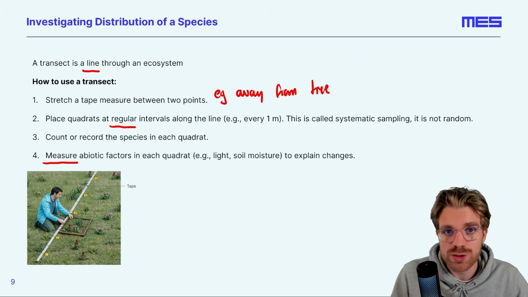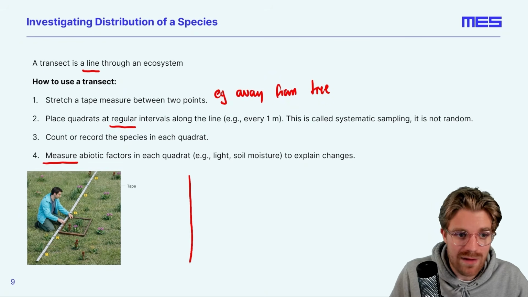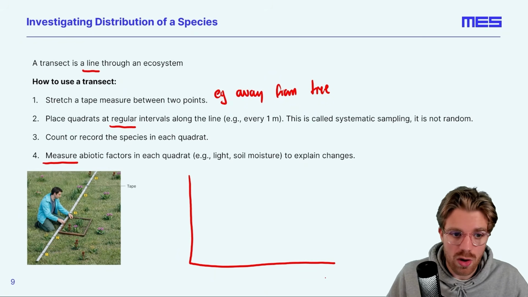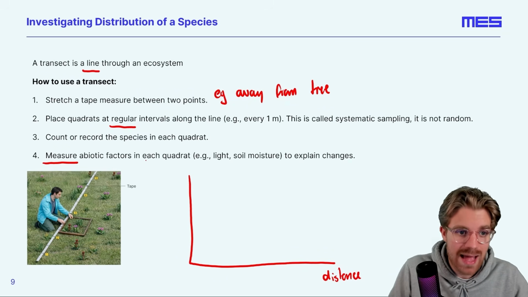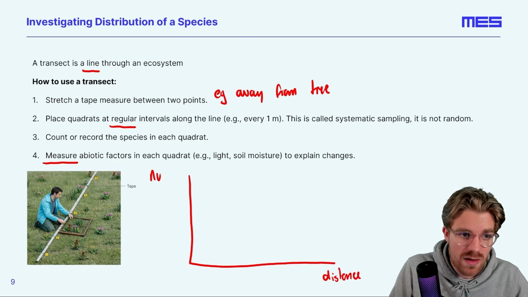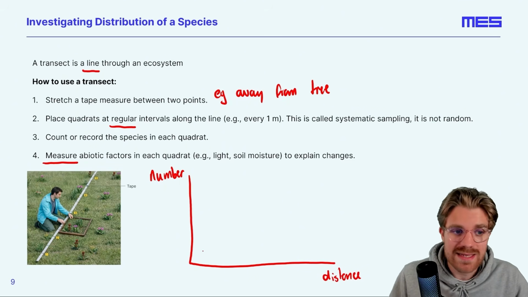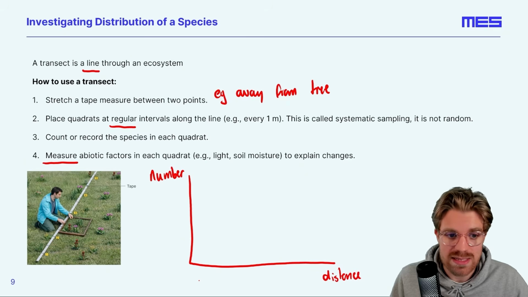This then allows us to produce a graph where we can have along the x-axis the distance along the transect and the number or the frequency along the y-axis. We can then see how the number changes with distance. As well as putting distance on the x-axis, we could put the abiotic factor.